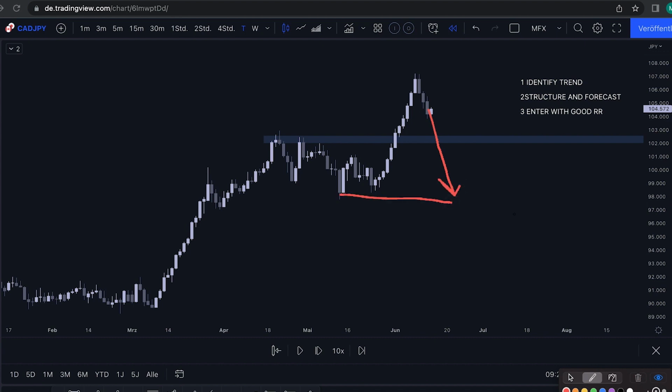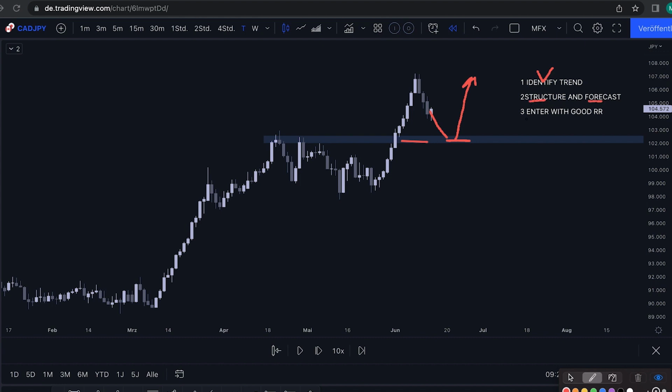So I want you to predict every scenario that the market can do, so that you are not shocked when the market moves in this direction, alright? But the first ideal move will be this first zone right here. I want the market to come in here, and then we are looking for entry signals to go long, alright? So we identify the trend, we identify structure, and we forecast it.